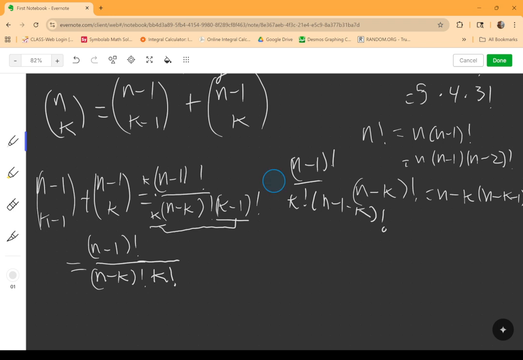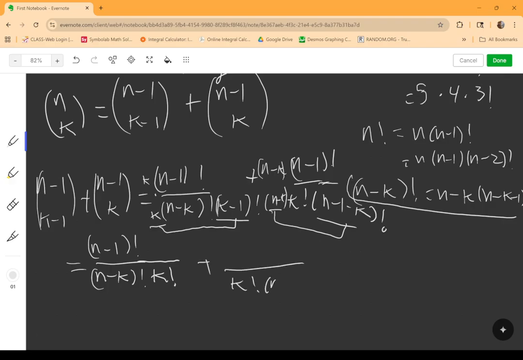On this end, I'm going to multiply the numerator and the denominator by n minus k. Now what we have here and here is the same quantity, so both of those together turn into n minus k factorial. Up here we're left with k, and over here we'll have n minus 1 factorial and then n minus k.